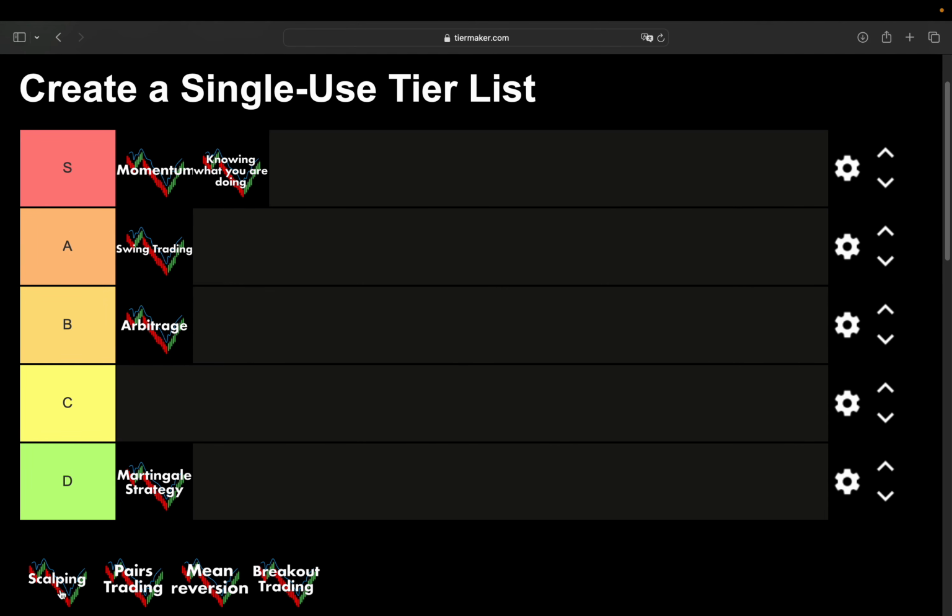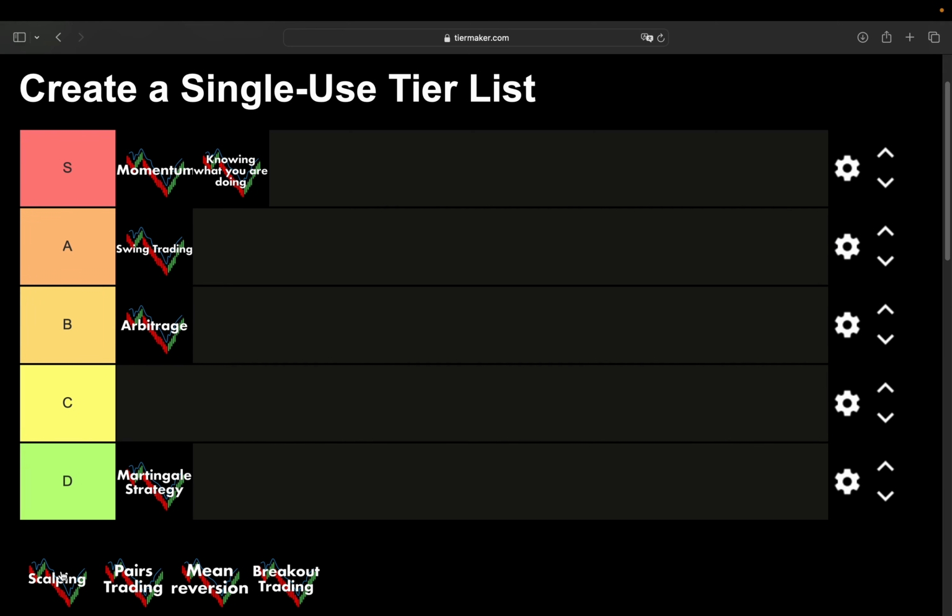Next up, scalping. The strategy involves making numerous small trades to profit from tiny price changes. When done manually, it's extremely time intensive and, more importantly, can rack up significant transaction costs. However, with the advent of trading algorithms, scalping can be automated to react faster and more efficiently to market changes.